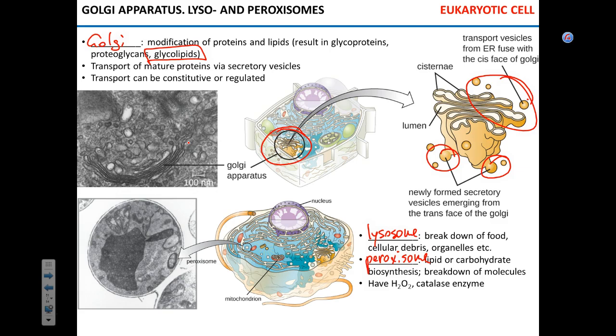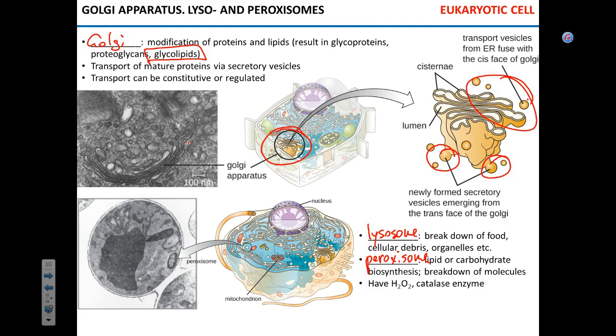It breaks down things. If it's a food particle, it can break down food. If it's a part of dysfunctional organelle, it can break it down. If it's, I don't know, a pathogen, it can break down a pathogen. Does that make sense?